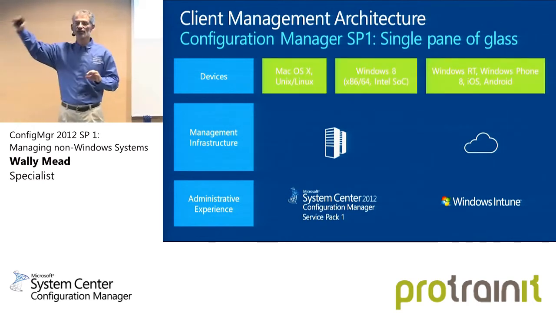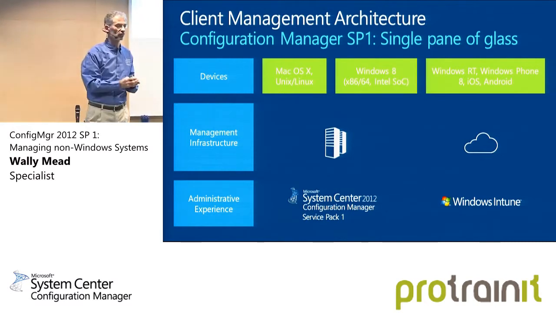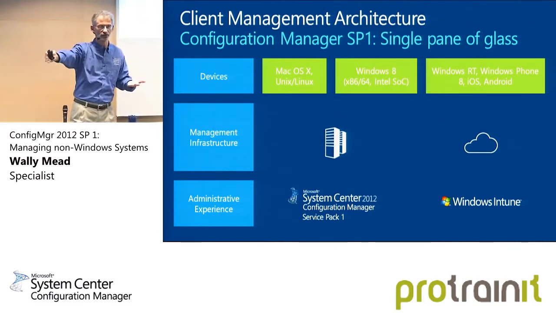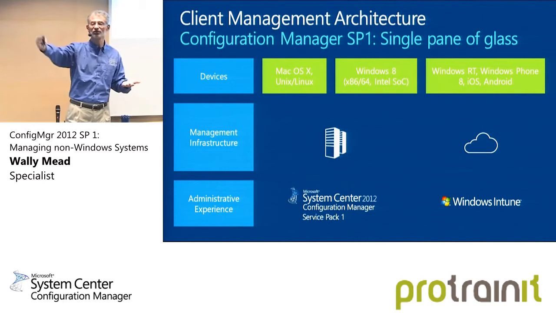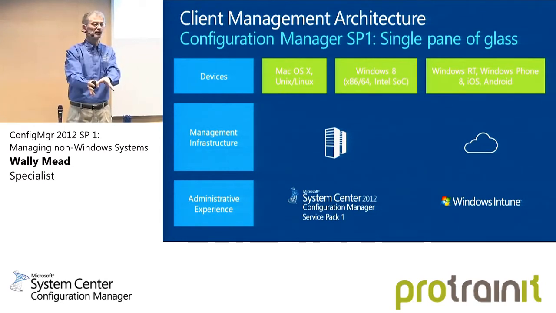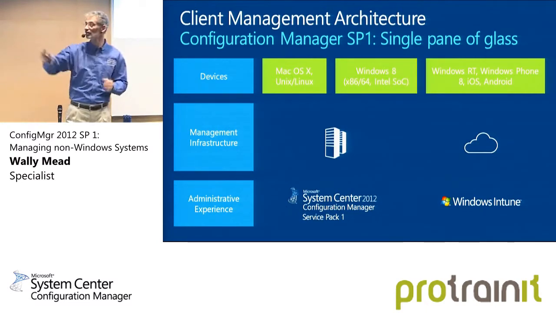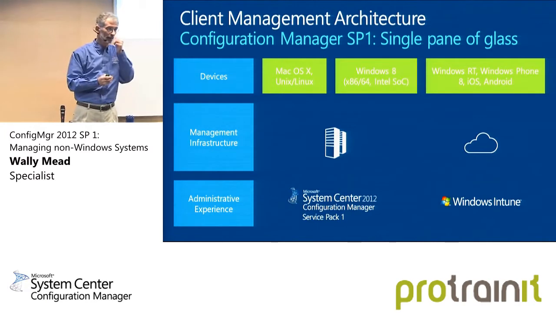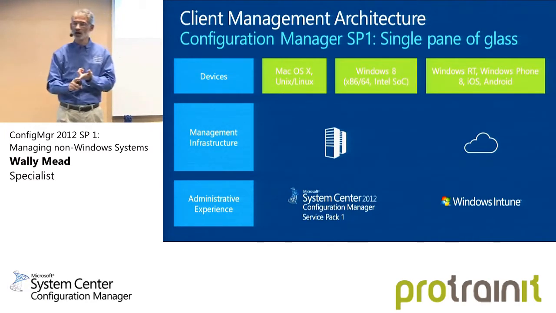So you still have all the traditional Windows devices we talked about before, Windows XP through Windows Server 2008 R2 and Windows 7. Our client support in SP1 doesn't drop any clients that we support today. All we're doing is adding new clients, and those are all the ones in the green that you need to manage. So we are adding support for Macintosh clients and Linux clients that we'll talk about later on in this presentation.